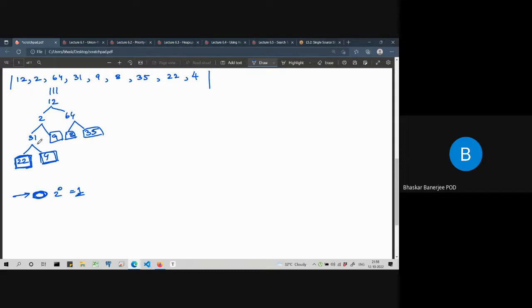So you see, the reason we tried to find the first non-leaf node is that we do not need to apply any work on these nodes. We would keep the leaf nodes as they are because they are by default working as a heap, and they're not violating the heap's condition. So the first node on which I do some work would be the 31 node, the first non-leaf node.